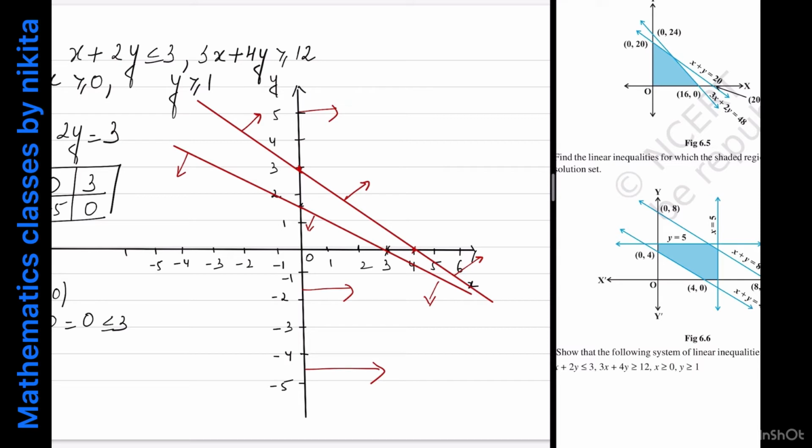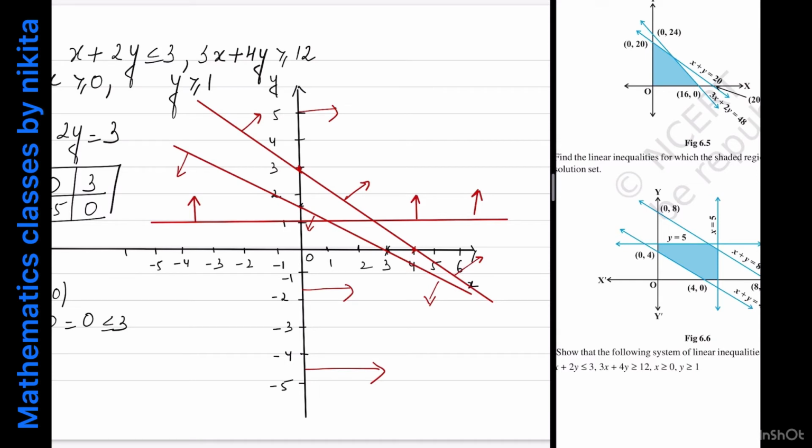Y greater or equal to 1, first of all see the line y equal to 1. The line y equal to 1 is, this is y equal to 1, and y greater or equal to 1 means above, because origin does not satisfy y greater or equal to 1. So therefore this is y greater or equal to 1.